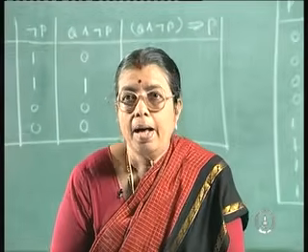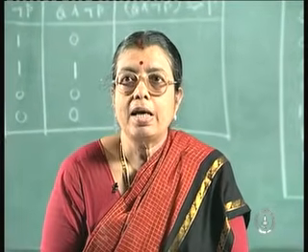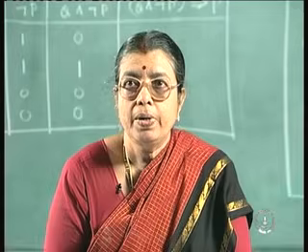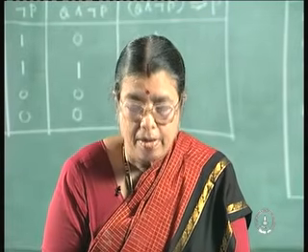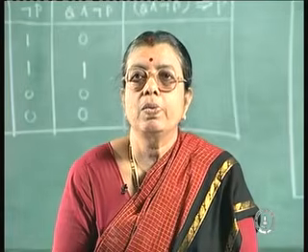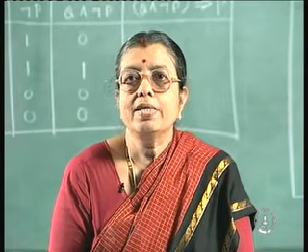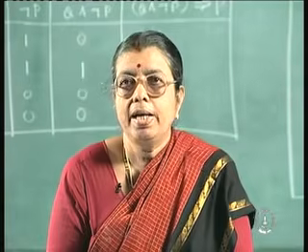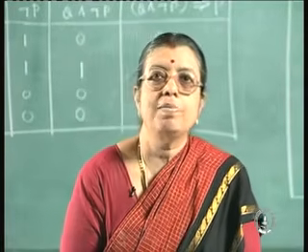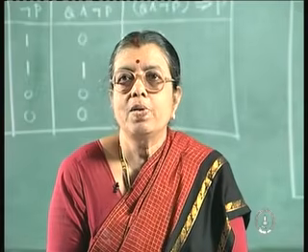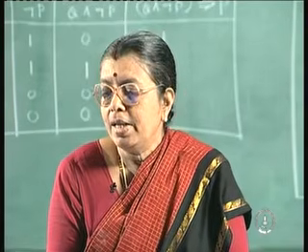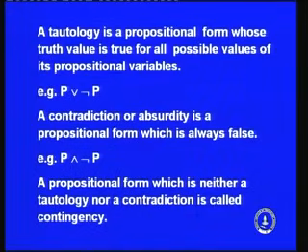Given a propositional form, it is always possible to find out whether it is a tautology or not, because you can always draw the truth table, and if the last column is always 1 1 1, then it is a tautology. If the last column is always 0 0 0, it is a contradiction. Sometimes it is 0 and sometimes it is 1, then it is a contingency.